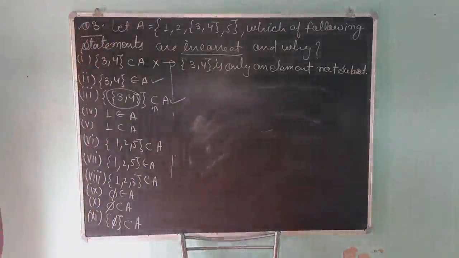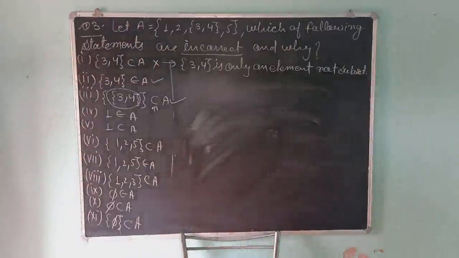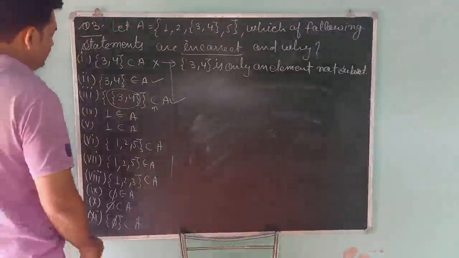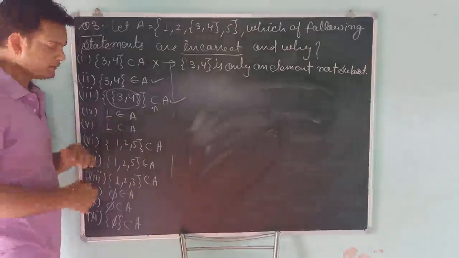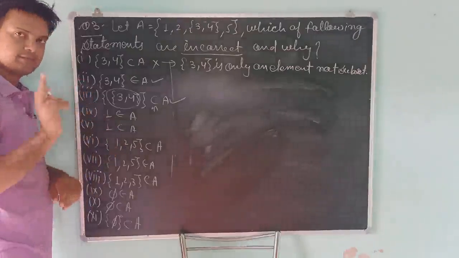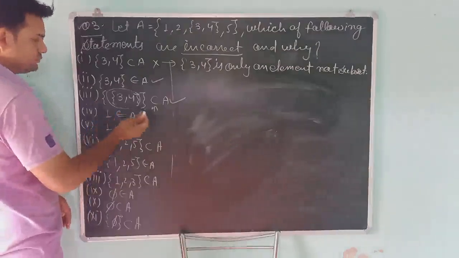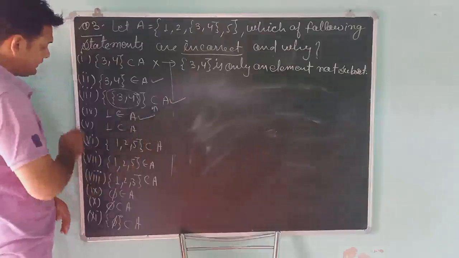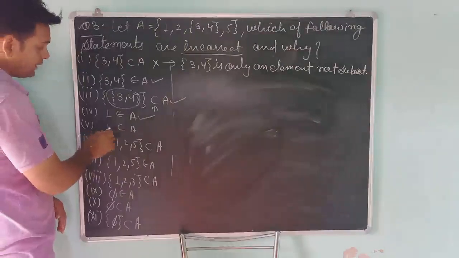Okay, students, now we will move on to part 4. Here we have 1 without extra bracket. So 1 is an element, and an element always belongs to. So this is right.